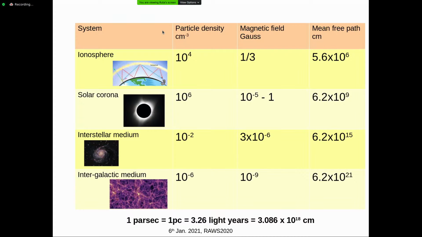Essentially there is nothing there, one can say, in comparison to what we are used to on Earth. And going to the intergalactic medium, if you go all the way outside the Milky Way and look at the space between two galaxies, the densities are very low, even the magnetic fields are very low, and the mean free path is extremely large.